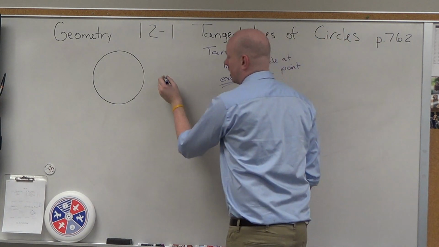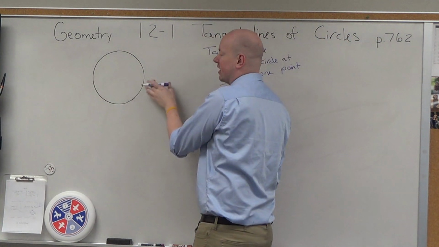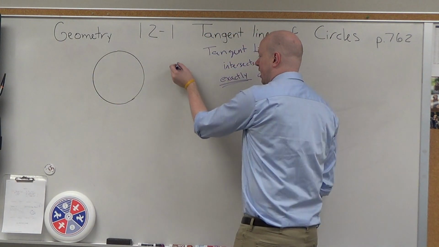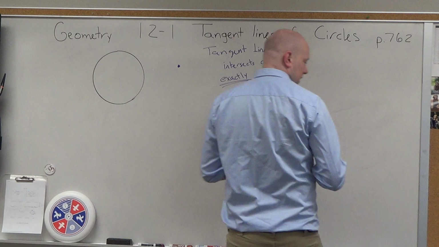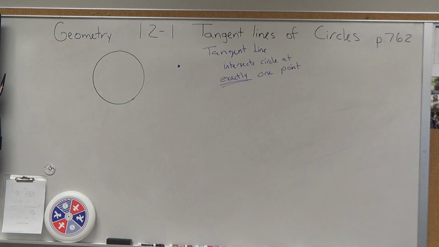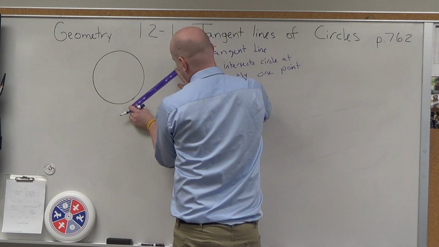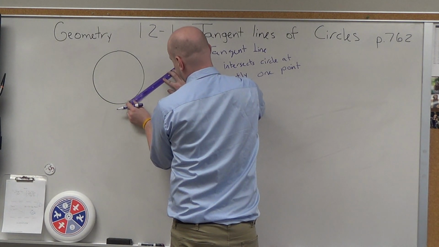So I can't draw a line that just cuts right through it because that would obviously intersect the front and the back, intersecting at 2 points. So let's say I have something right here, and let's see, I should grab a ruler here quick. Oh, there's one right there. A tangent line would look something like this.